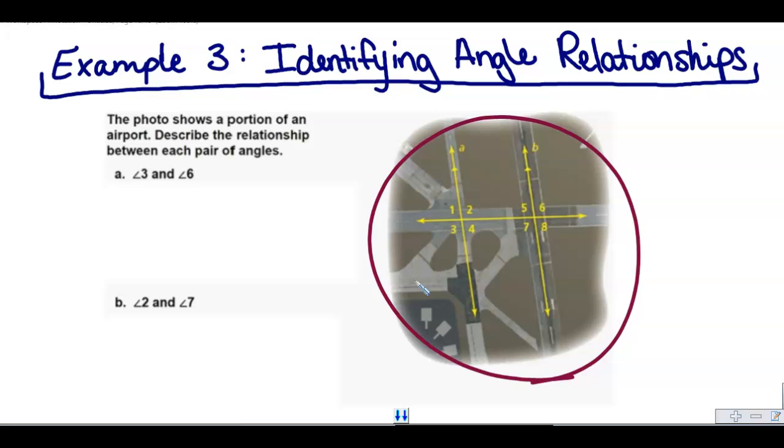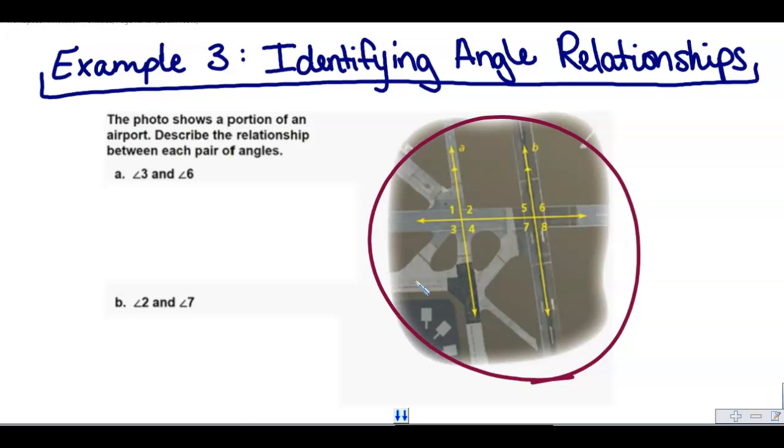You had the opportunity to draw one of these yourself just shortly before we started this unit. And hopefully, with that project, you noticed the same trends that we're talking about here. Okay? So here, we're going to practice one more time. We're going to use this airport layout, and we're going to describe the relationship between each pair of angles that are noted.